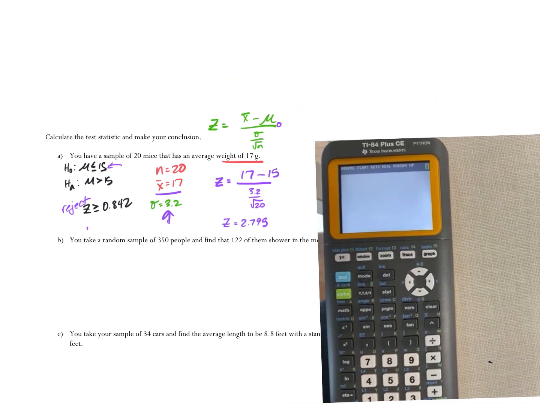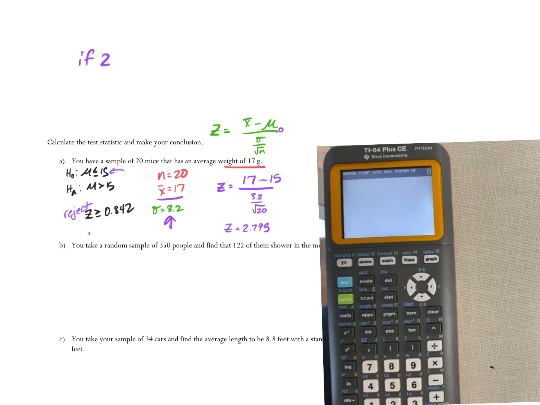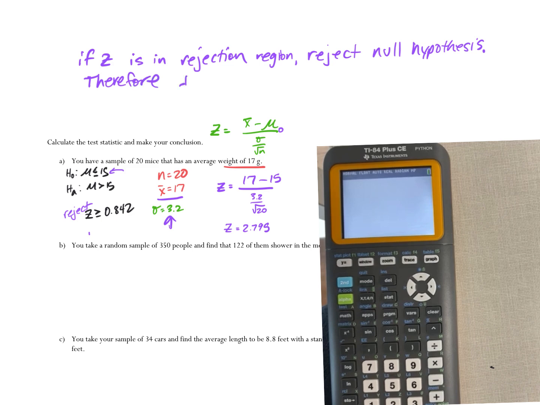So it's always going to go like this: if z is in the rejection region, that means we reject. And if I reject the null, I can conclude the alternative.